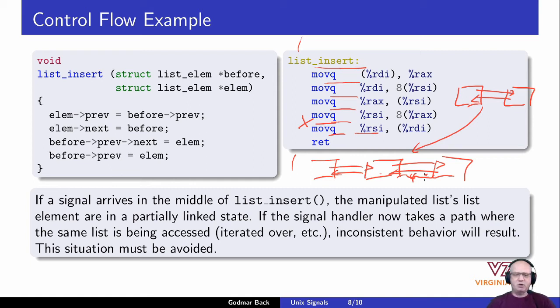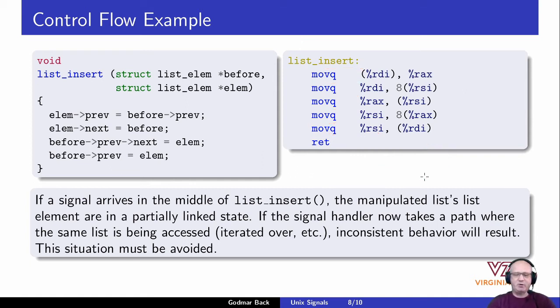This is just one example where the function list insert has some state in an interim state, like here the state of these list element pointers. So it is not possible to safely access this data structure until this list insert call has completed.